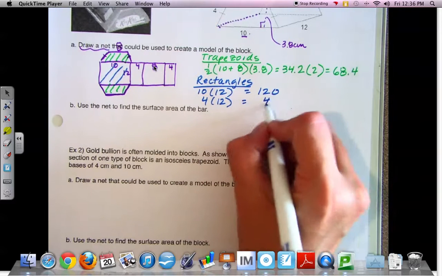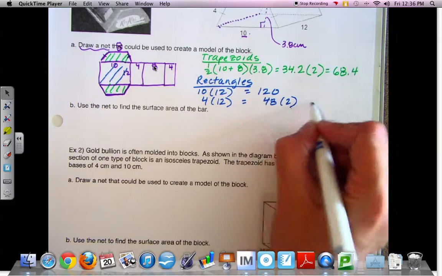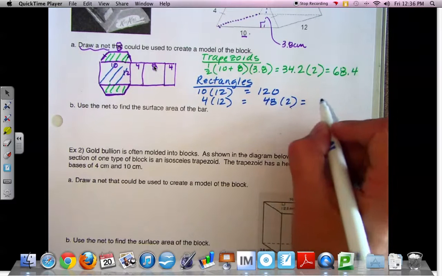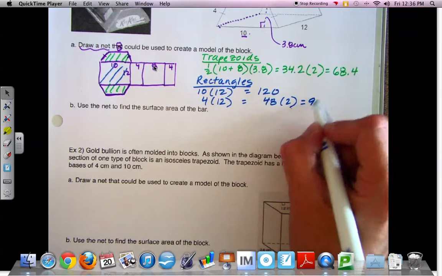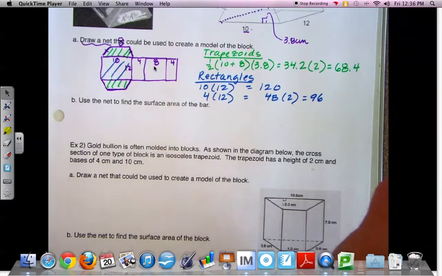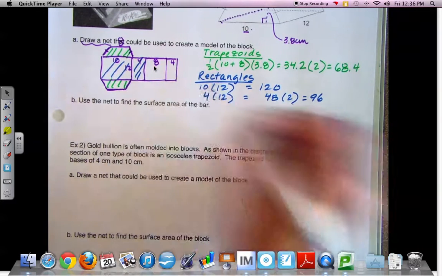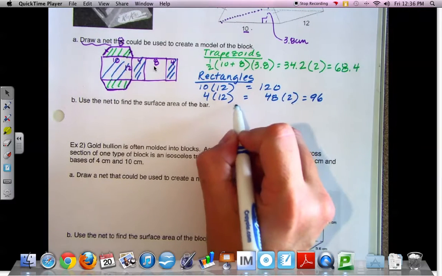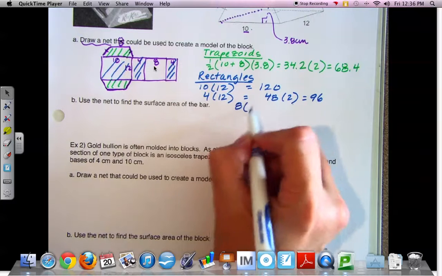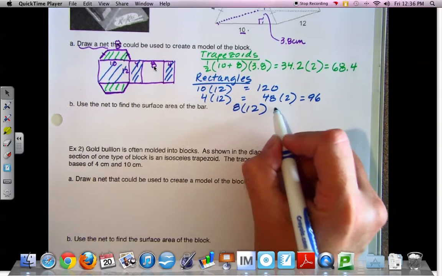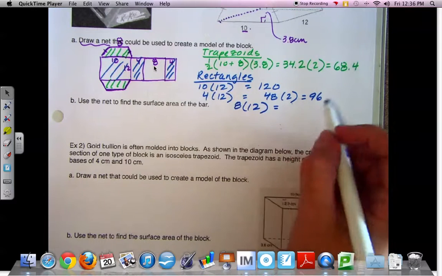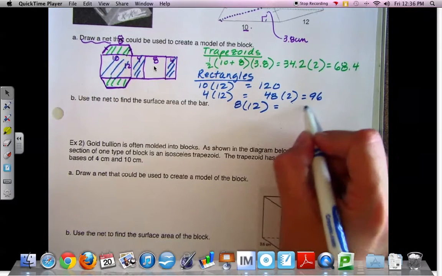How many are like that one? 2. 48 times 2 gives us 96. And next to that, 8 by 12. How many are like that? 1. 8 times 12 gives us 96.